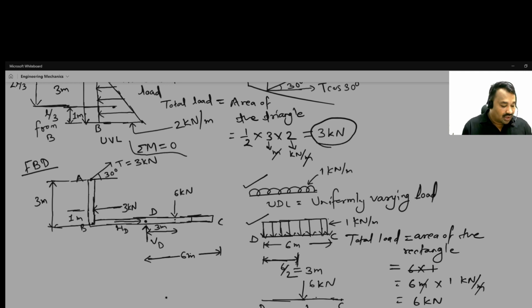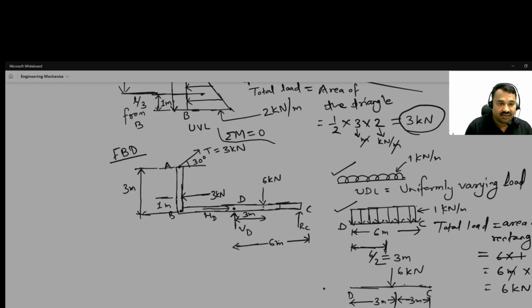Okay, and at C there is also roller support. So roller support is replaced by the reaction acting vertically upward, RC. So in this way we have shown the free body diagram of the L-shaped structure.